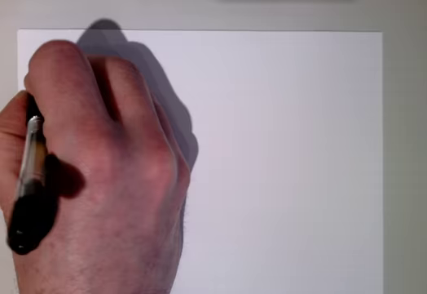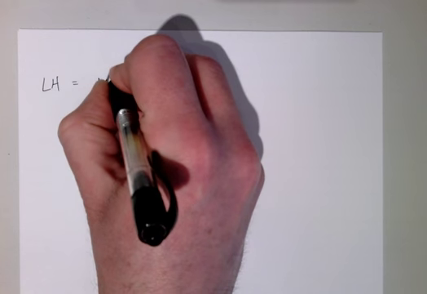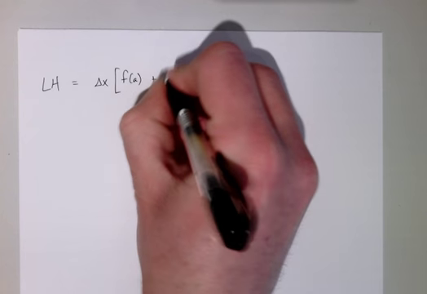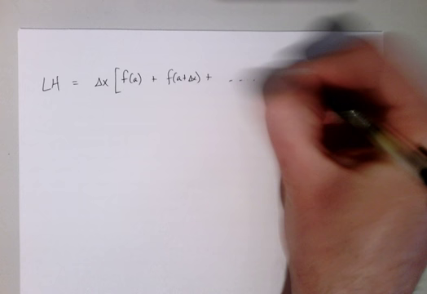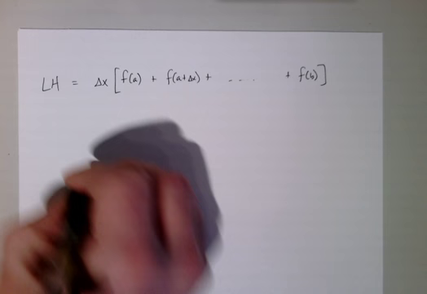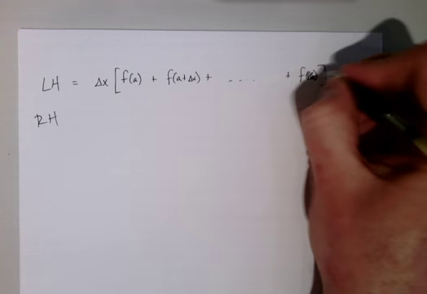Well, let's go ahead and notationally look at averaging the left hand Riemann sum and the right hand Riemann sum. So the left hand is going to be delta x times f of a plus f of a plus delta x plus dot, dot, dot, plus f of b minus delta x.